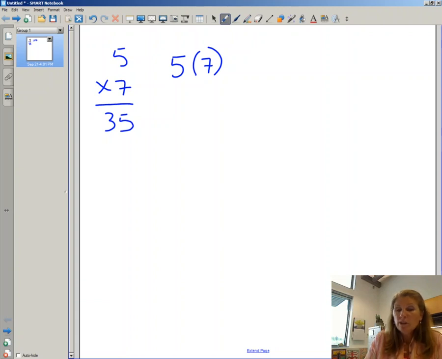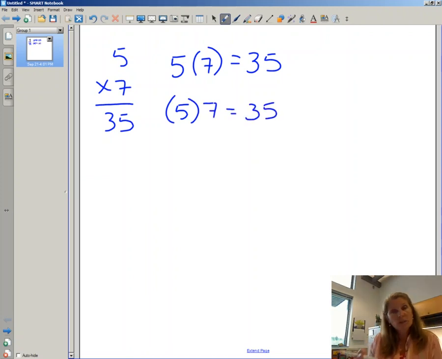5 times 7 can be written this way also. When you put parentheses around a part of it, that's another way to say multiplication. And I could put parentheses around the first one and not the second one. That also says multiplication. So parentheses are a way to show that. I could also do this, 5 times 7. That's another way to write it.